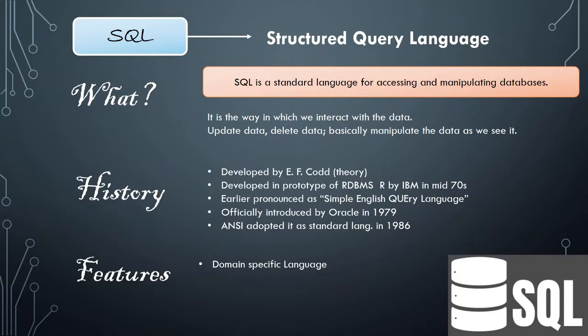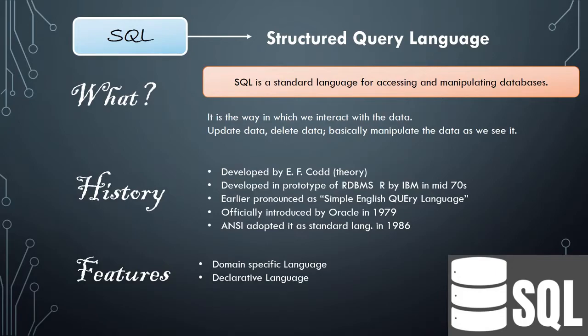As we all know, relational databases store the data in the form of tables, in the form of relations. So SQL basically works on those relational databases. This language is basically for relational databases and that kind of structured databases which store the data in the form of tables or in a proper structured format.